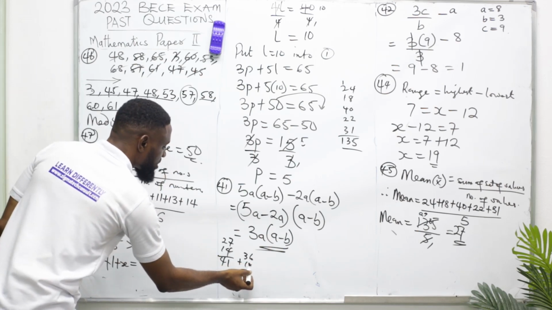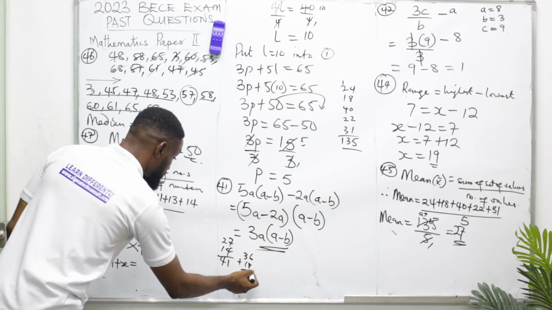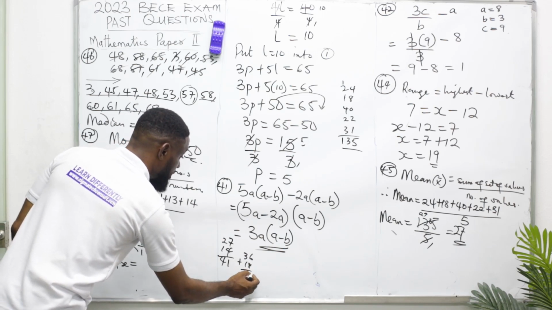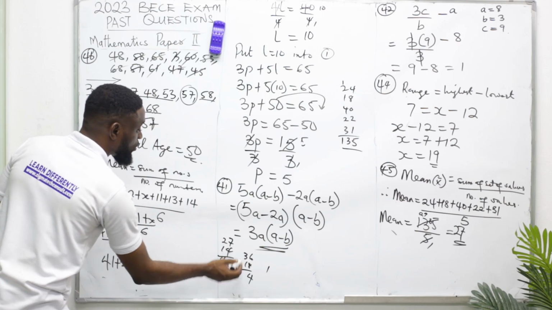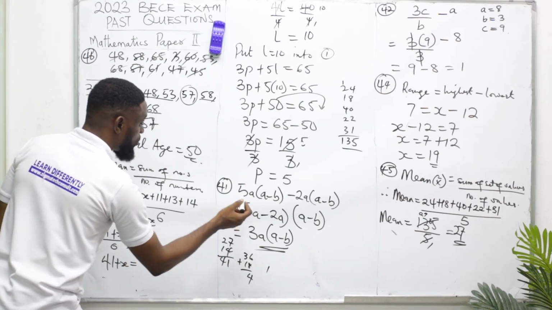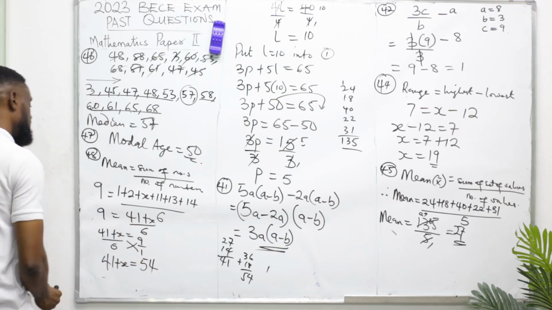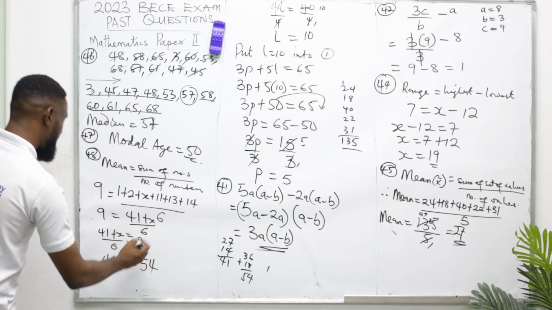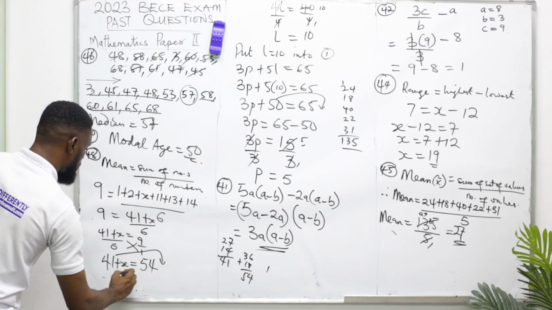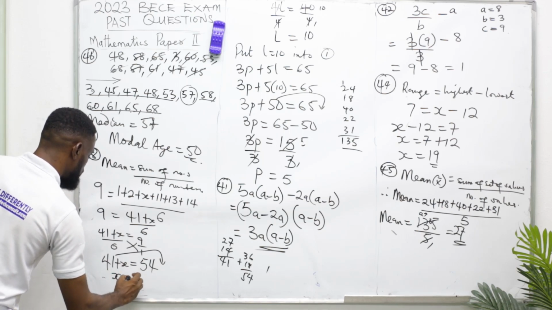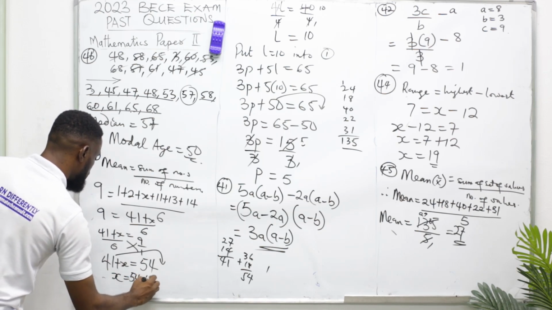So 6 plus 8 is what? 6 plus 8 is 14. Write down 4, carry 1, put here, becomes 4, plus 1 is 5. So it's 54, right? Good. So the next thing we do is we take like terms. 41 should come to 54. So x will now be equal to 54 minus 41.